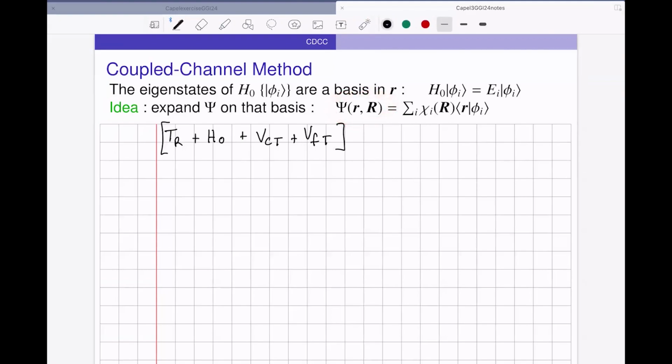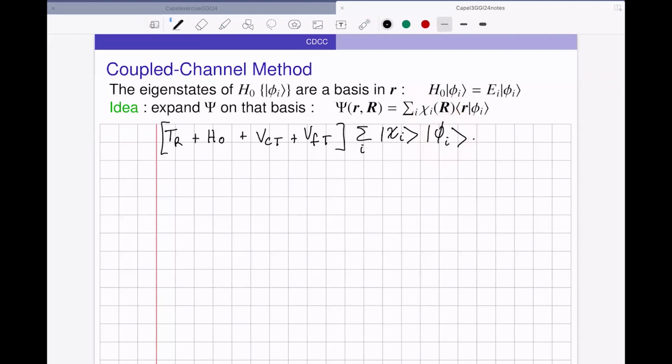But what I will do is use this expansion. So you will have chi, which is here for the relative motion between the projectile and the target, and it's a coefficient expansion of that in that basis phi.